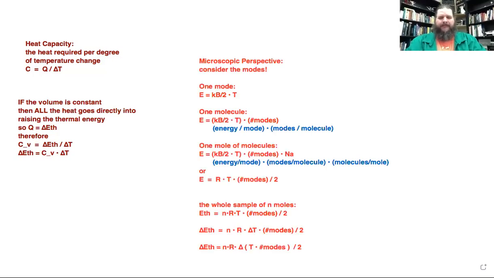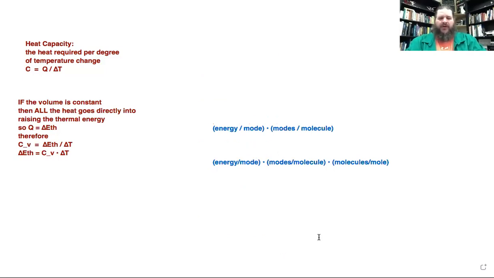Something like that, if both the temperature and the number of modes could be changing. So final temperature times final number of modes minus initial temperature times initial number of modes. And I think at that point it gets more complicated because some of the temperature change happens at the lower number of modes and some happens at the higher number of modes. So I don't think it's just going to be a straightforward subtraction in that case, but this would at least give you an approximation. For now, though, let's assume that the number of modes does not change.